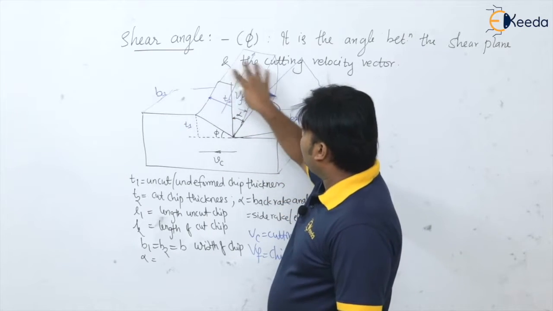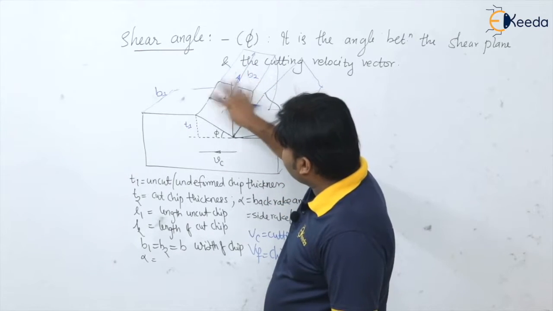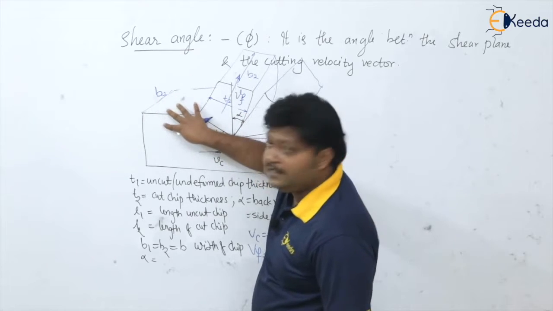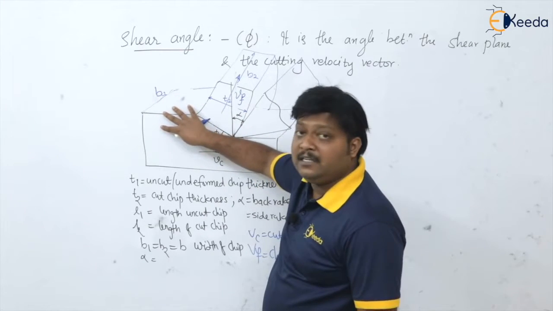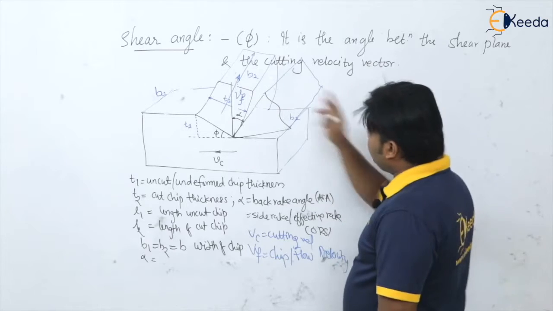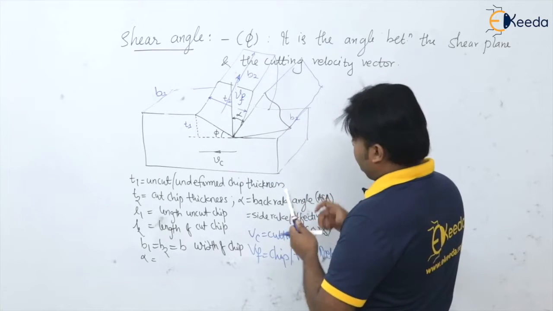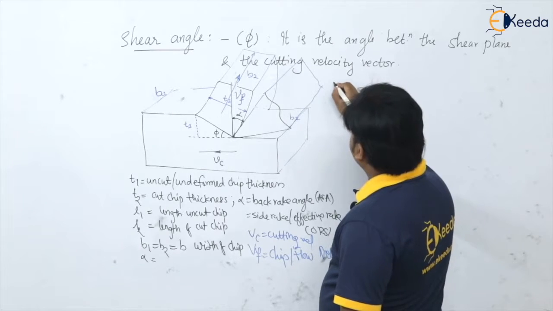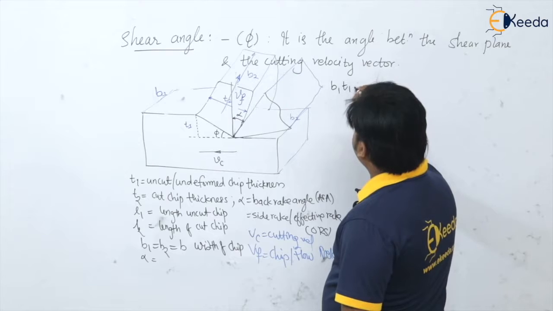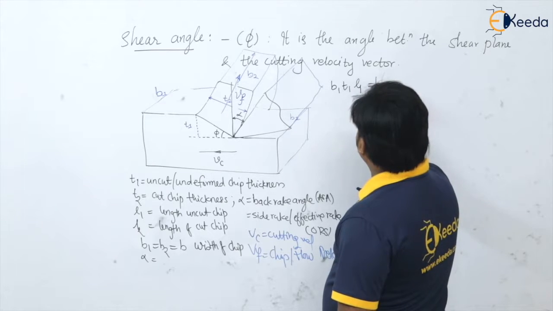If we equate both, we can write B1 T1 L1 is equal to B2 T2 L2.